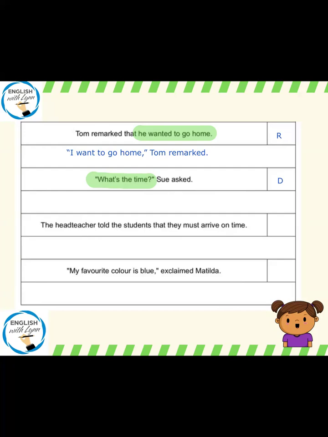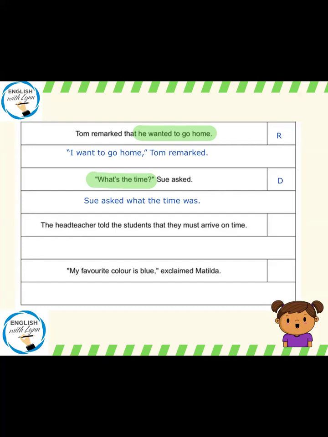I just need to make sure that I've changed the tense. So what the time was rather than what is the time. And then it doesn't need a question mark at the end because it's a reported question.